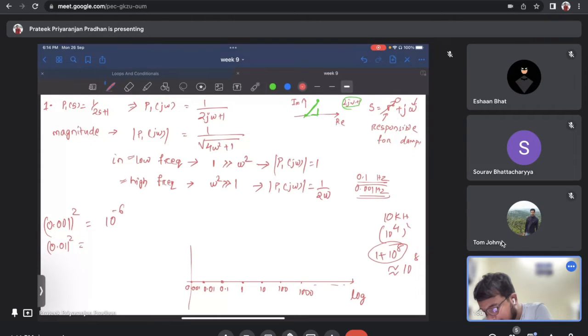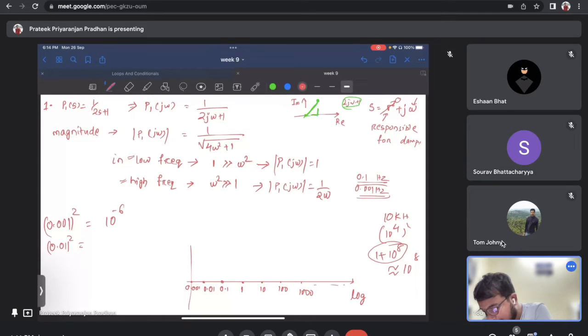That means my omega c, the corner frequency, is 1 by 2 radian per second. Is it clear how to calculate the corner frequency? Agam, are you able to follow this because you joined a bit late, or I'll explain it again?